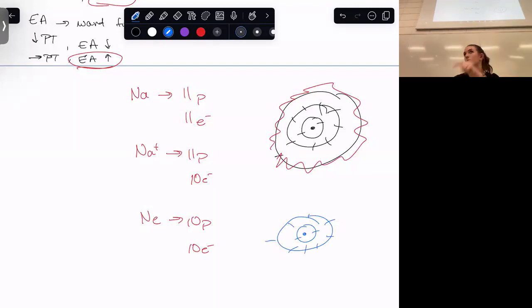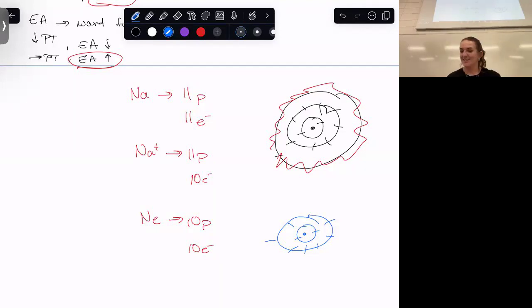Does that mean that sodium plus and neon are going to be the same size? No, but not for that reason.